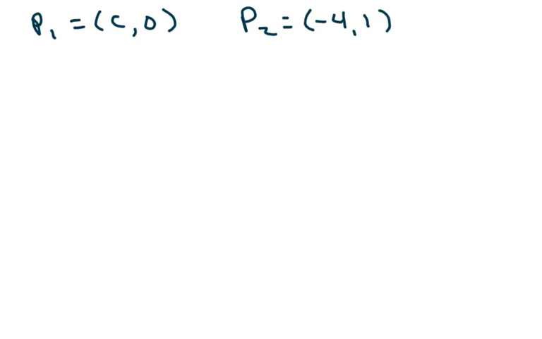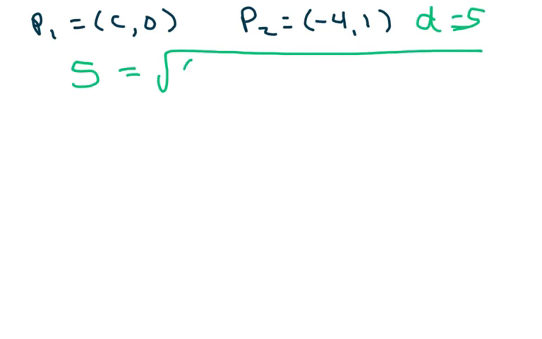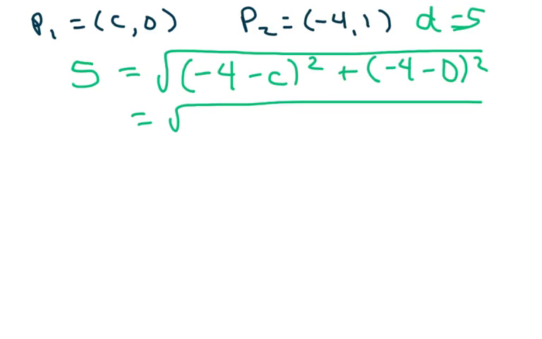Okay, here's one more. We're going to still say the distance is 5. And I'm going to subtract my x's first, and then my y's. And then clean it up here. Equals 5. Now I'm going to square both sides.